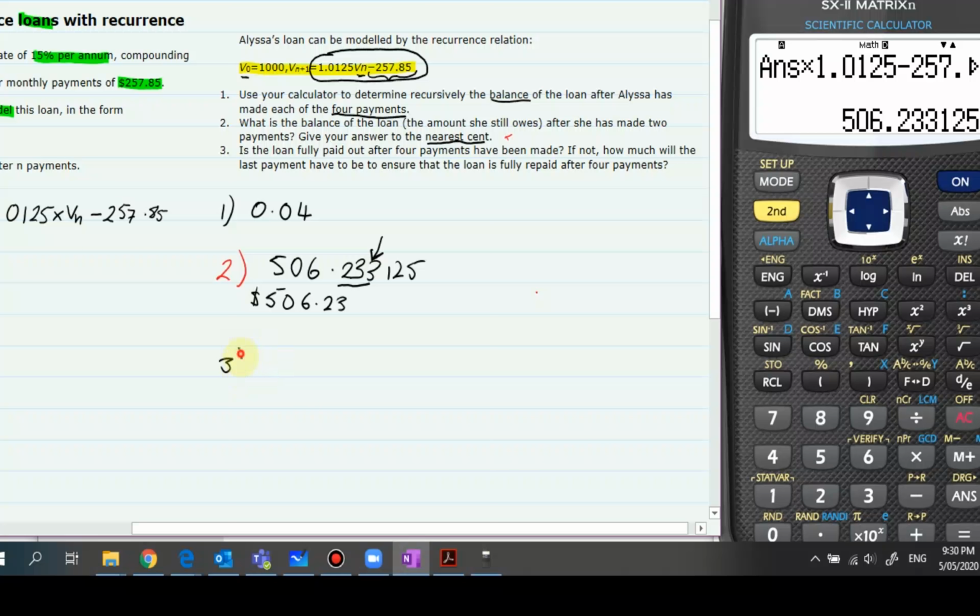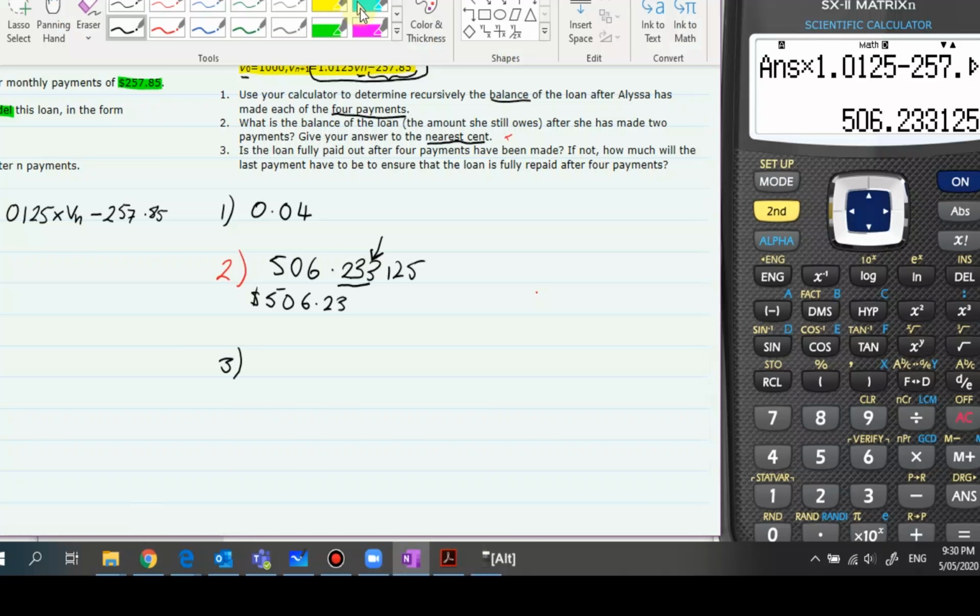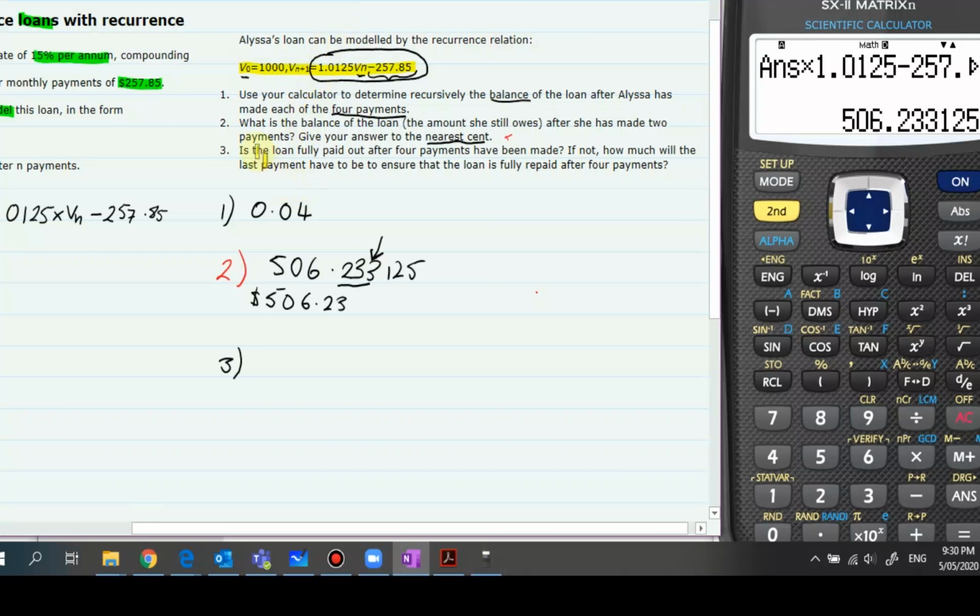Okay, part 3. Part 3 is interestingly worded. So let's have a look here. Is the loan fully repaid after 4 repayments have been made? If not, bit of a clue, how much will the last repayment have to be to ensure that the loan is fully repaid after 4 repayments?